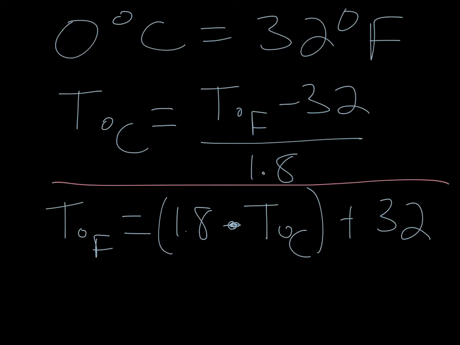I could solve for either, and when you put it in your calculator, you could solve either way. But this 1.8 number is the conversion that is used to go between those scales. So, 212 degrees Fahrenheit is 100 degrees Celsius, so that gets us back and forth between them.